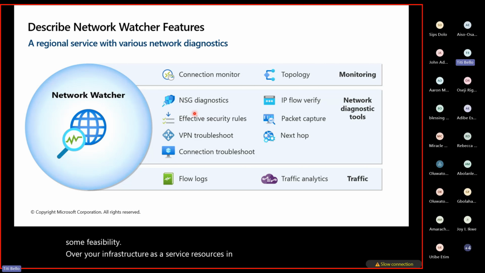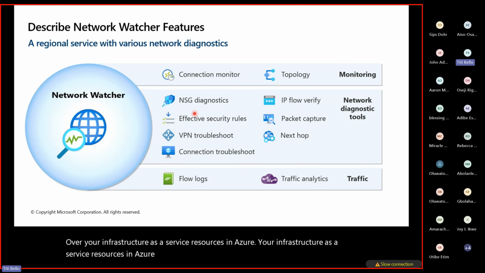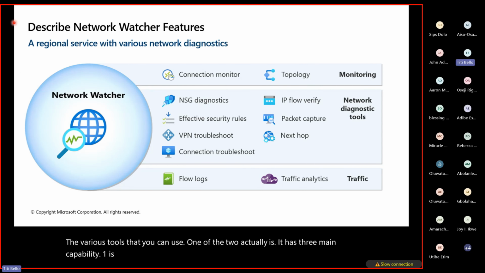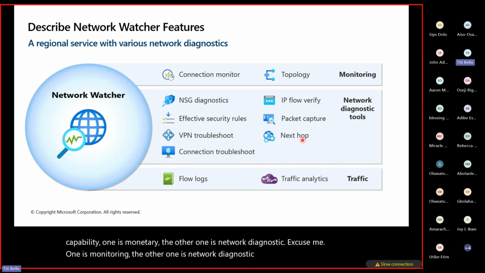So the Network Watcher has a list of various tools that you can use. It actually has three main capabilities. One is monitoring, the other one is network diagnostic, and the third one is traffic analysis.